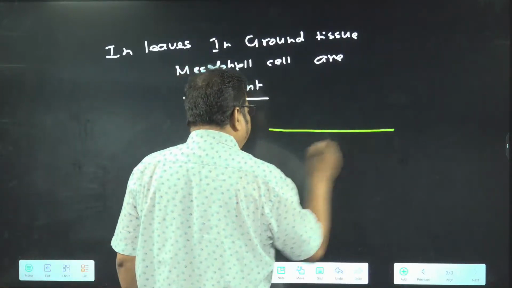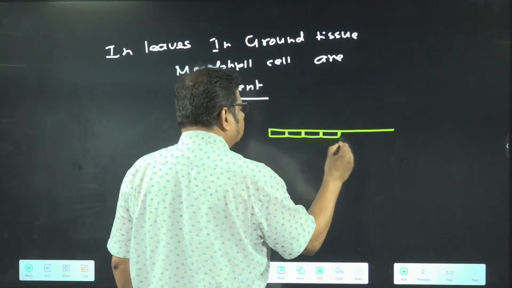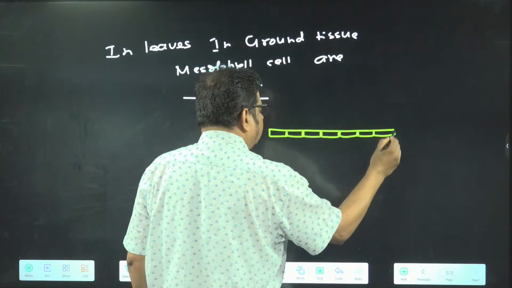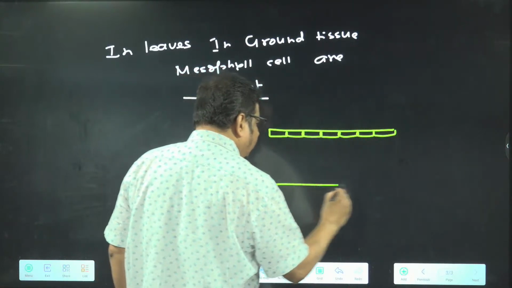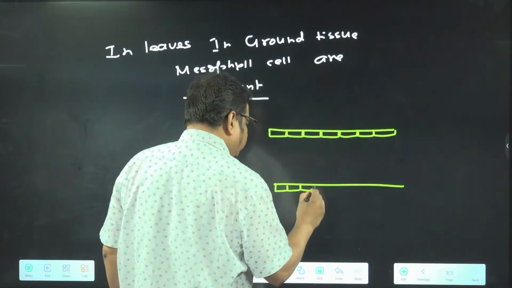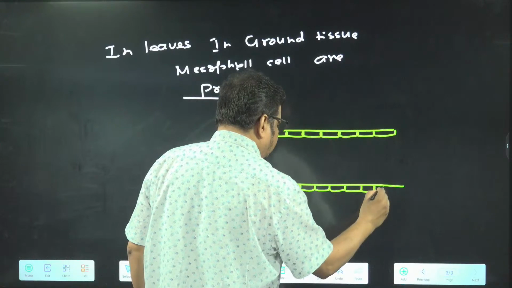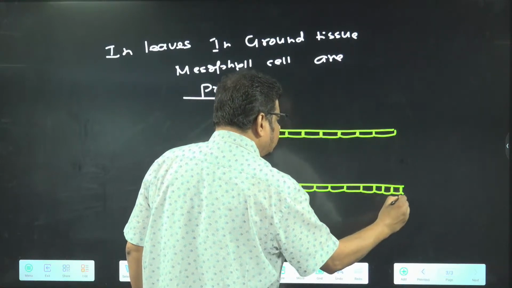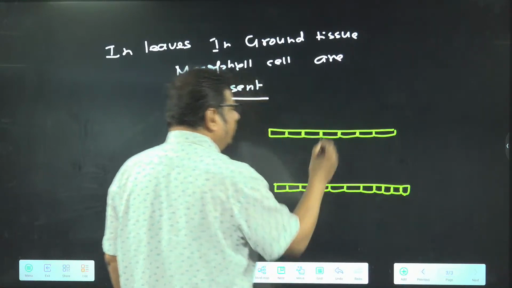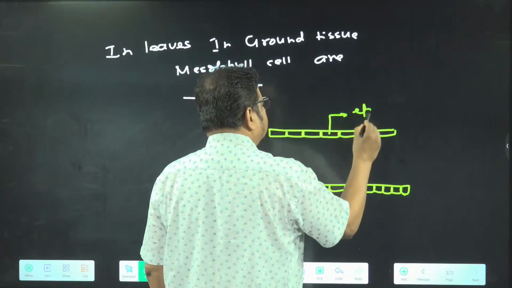This is the leaf's upper epidermis. This is the lower epidermis of the leaf. So which tissue system is this? Epidermal tissue system. Epidermis.